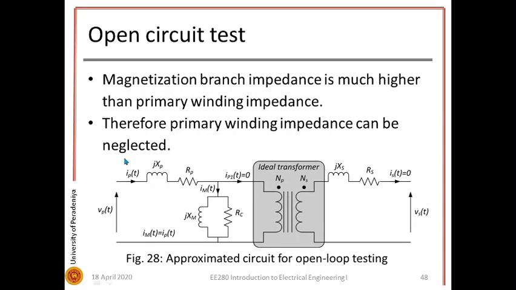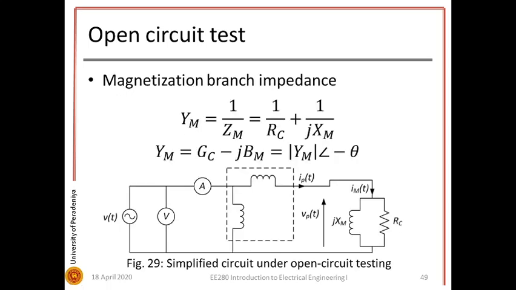Now we can compare the impedance of the primary winding and the impedance of the magnetization branch. The impedance of the magnetization branch is much higher than the impedance of the primary winding. Therefore, we can neglect the effect of the primary winding impedance. Now we can have a simplified diagram for our test circuit.